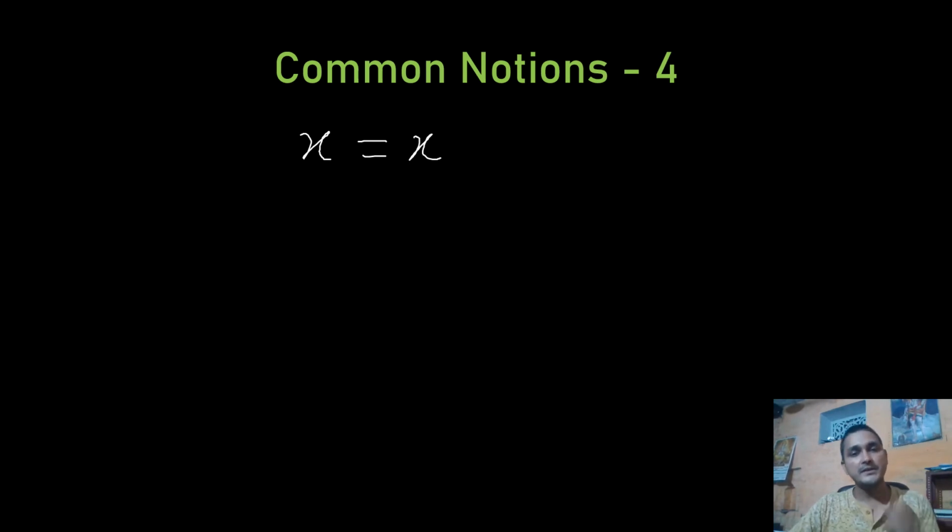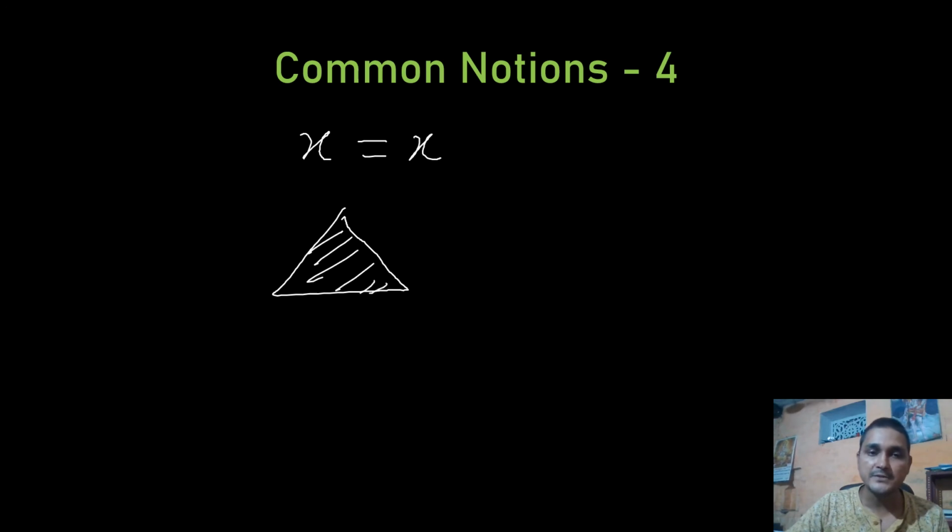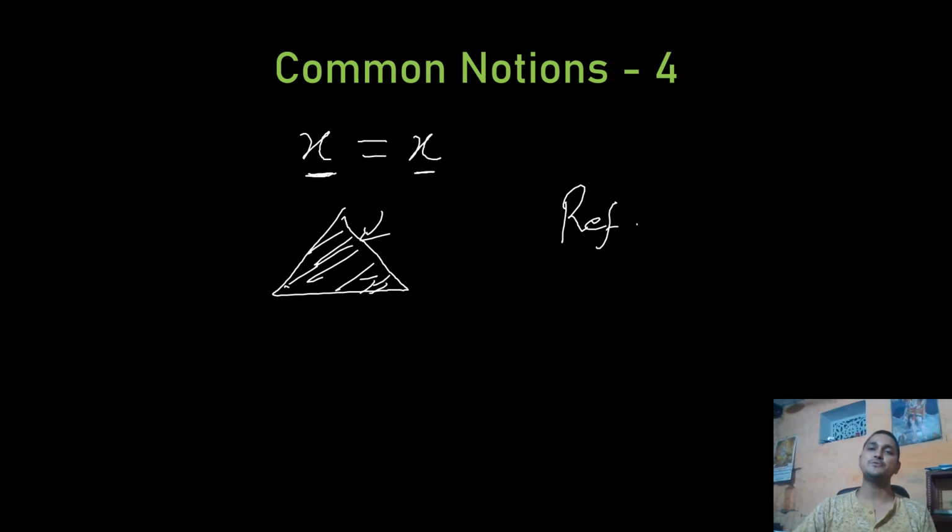If we are thinking of a triangle, then the area of the triangle is always equal to the area of the same triangle. In algebra, this property is called the reflexive property. In the same way, one number is always equal to the same number.